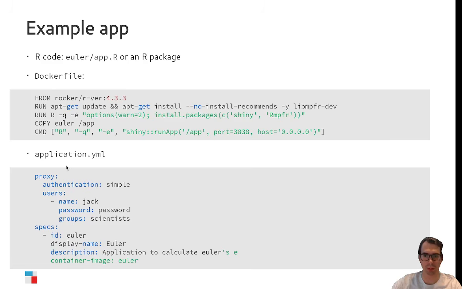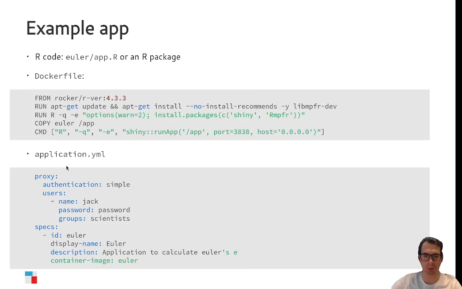Then the second line installs some system dependencies. Then we install the Shiny R package together with some libraries we need. And then an important part is to copy the R code into the Docker image. And finally, the last line tells Docker how to start our application. So with this Dockerfile, we have explained to Docker how to create an image.